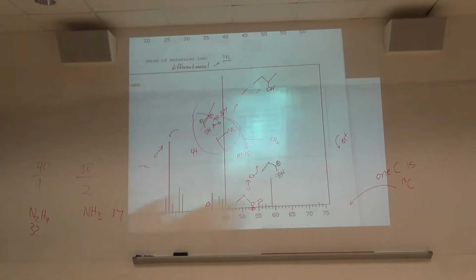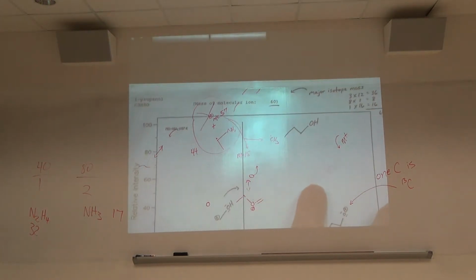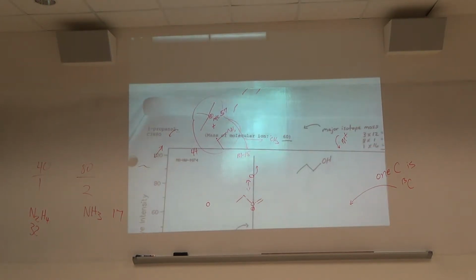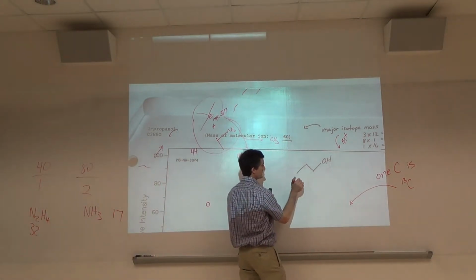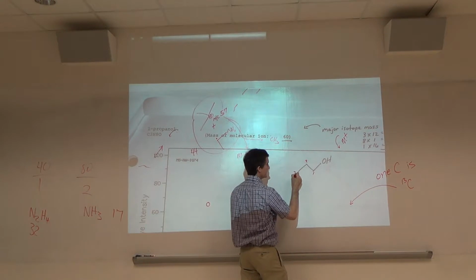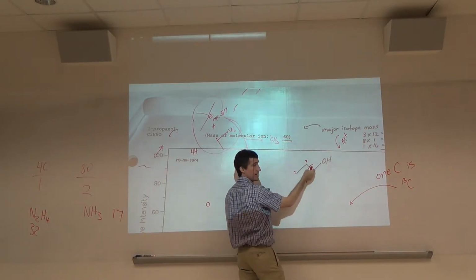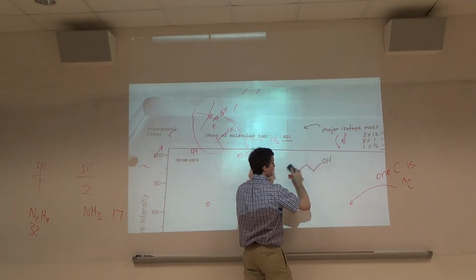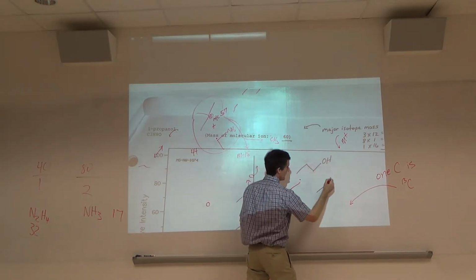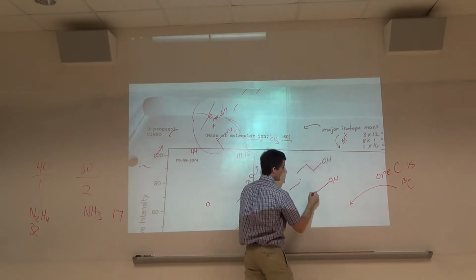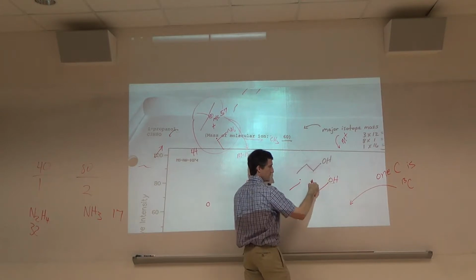Let's also look at how we expect this top alcohol to cleave. We expect it to cleave between which carbons? If that's 1, 2, and 3, between where? 1, 2. Yeah, that's called alpha beta. Between the alpha and beta carbon to get that radical, what's that cation? Because this cation is next to a lone pair, we can do resonance.